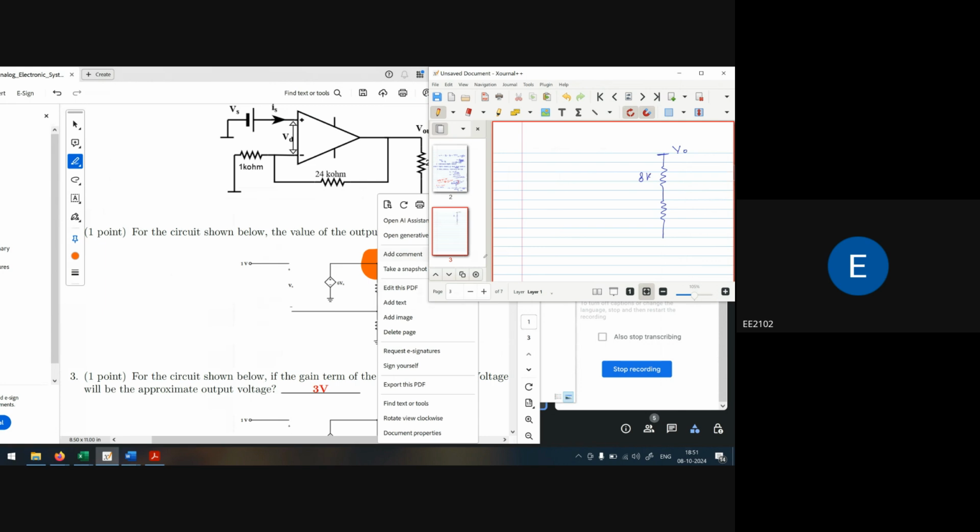It is an 8K, it is a 4K. So what is the voltage at this point? V naught 4 by 12. V0 multiplied by 4 upon 12, that is V0 by 3.